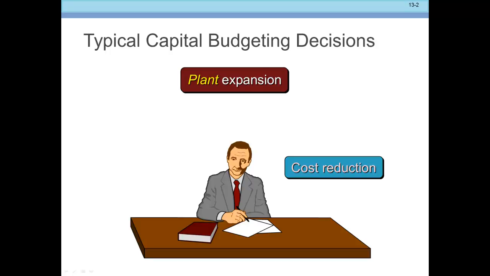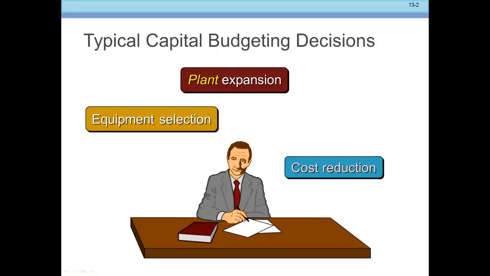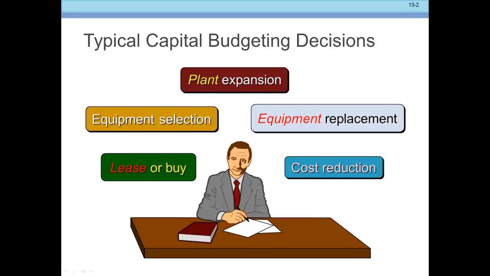Or just deciding which machine among several choices we should buy. Or should we lease or buy the equipment that we want? And should we replace an old equipment now or later? Managing a business is full of these types of choices, and the wrong decision can really have huge negative consequences.